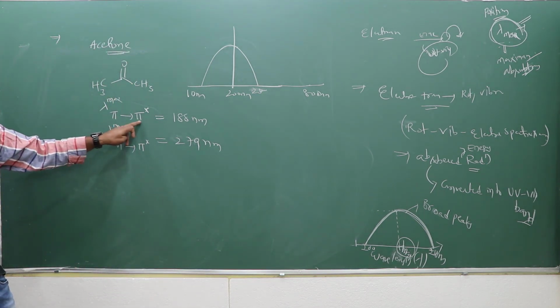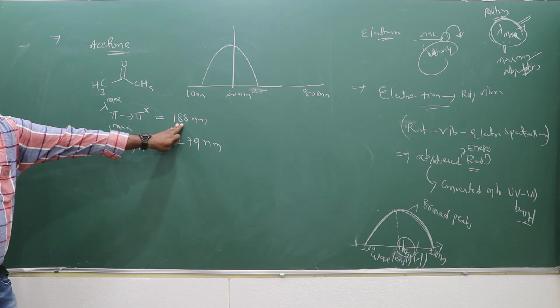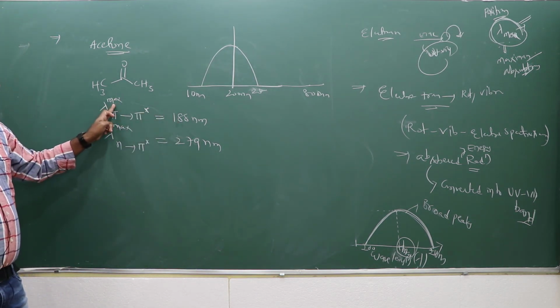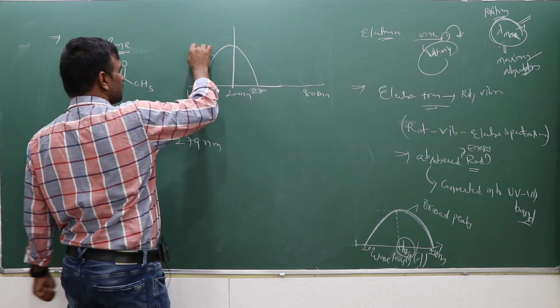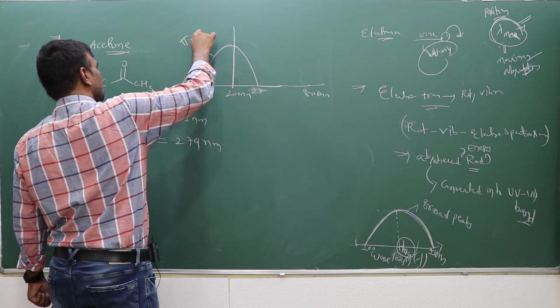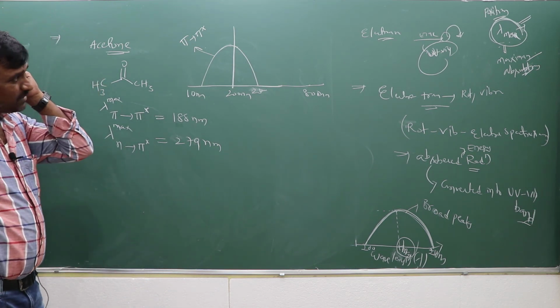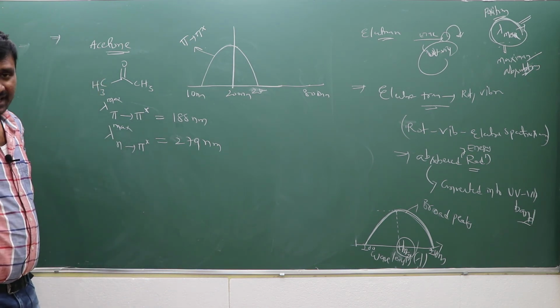The pi to pi star transition is possible at 188 nanometers. This one is considered as the maximum band. This pi to pi star transition band will be absorbed at 188 nanometers.